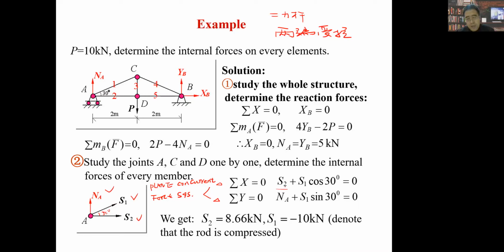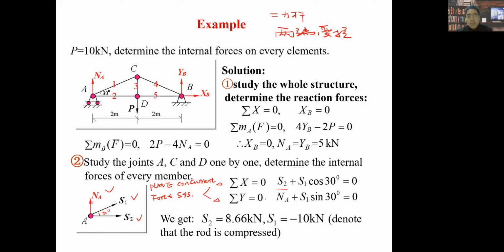So we have S2 plus S1 cosine 30. Then we use another direction, sigma y equals 0. So we have NA plus S1 sine 30, because this force projection onto this axis also has a positive sign. Because S2 is perpendicular to this vertical direction, it will have 0 projection onto this axis.